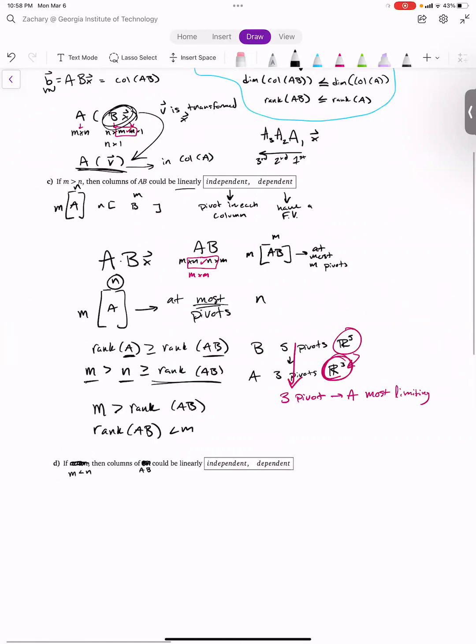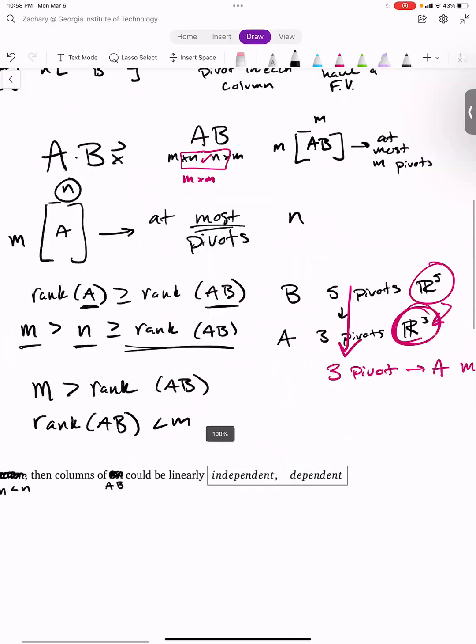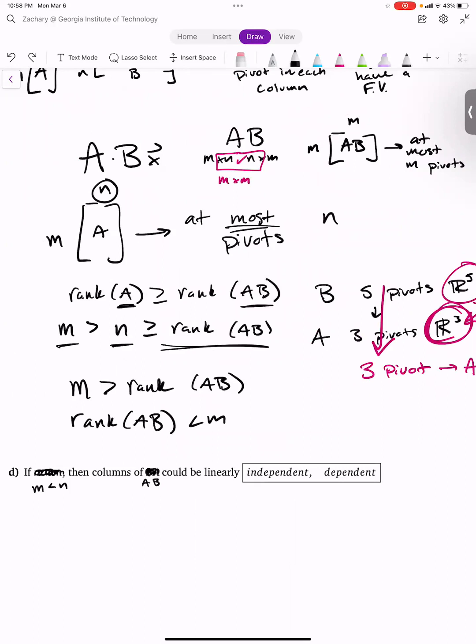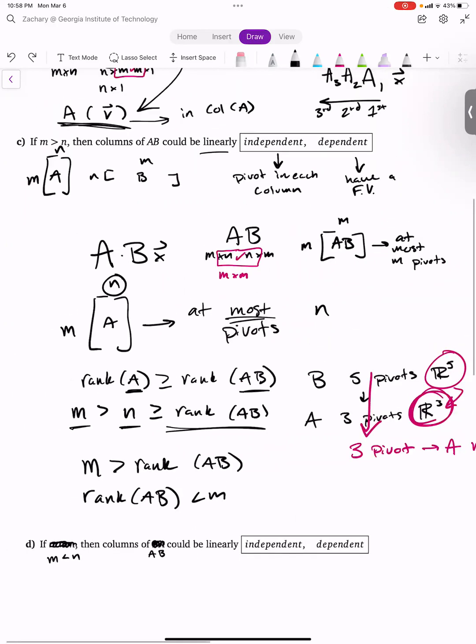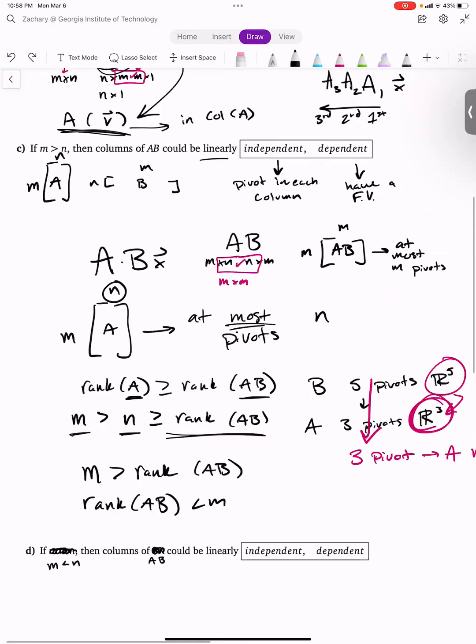And since it's M by M, like set up here, if we can have at most N pivots, then we can never, ever have up to M. Did I write that backwards? Oh, I did write that backwards.